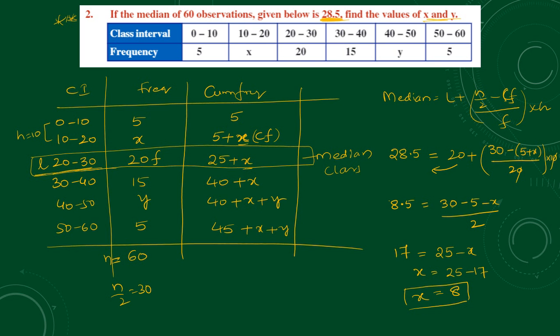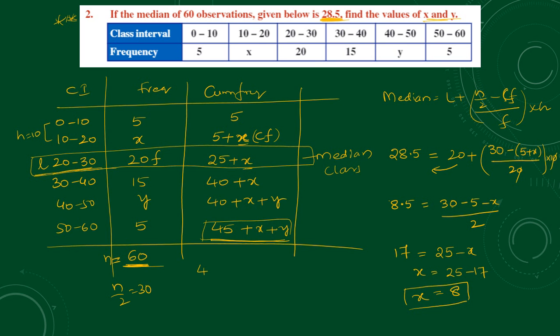But how to find the value of Y? That is the question, right? Already we have said that this value is nothing but equal to this value, right? So 60 is equal to, as we discussed previously, whatever value we get in the last is nothing but equal to this N value.